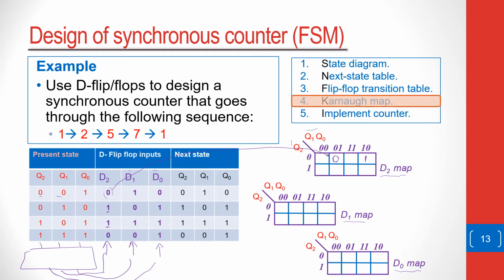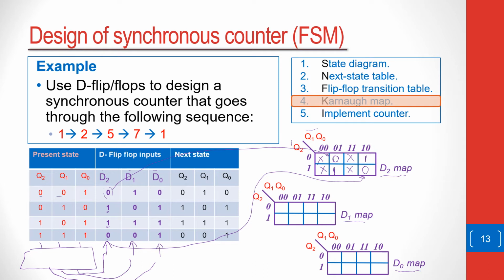And at 1, 1, 1, we have a 0. So these are the predetermined values that we need, and the rest we don't care, so we'll just put them as don't care states here.